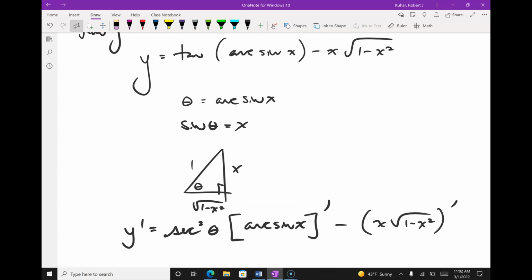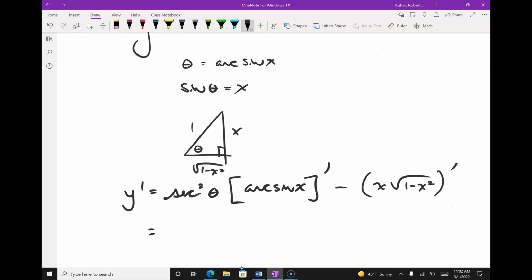Well, I think we can do the secant squared right away from the triangle. Do we agree? Yep, it's 1 over 1 minus x squared, right? Secant squared coming from the triangle, 1 over 1 minus x squared.